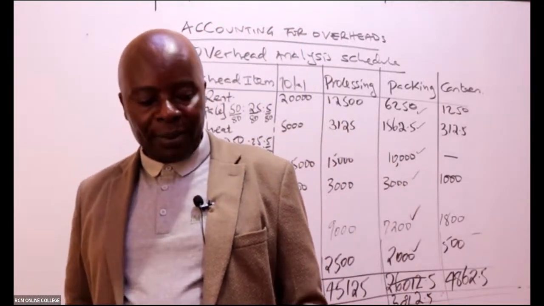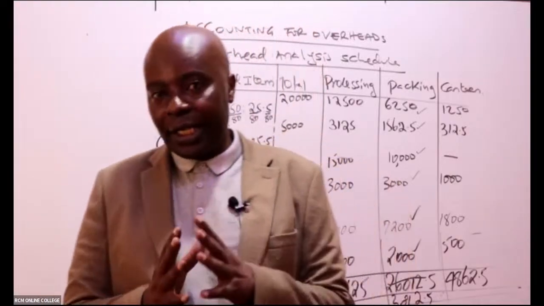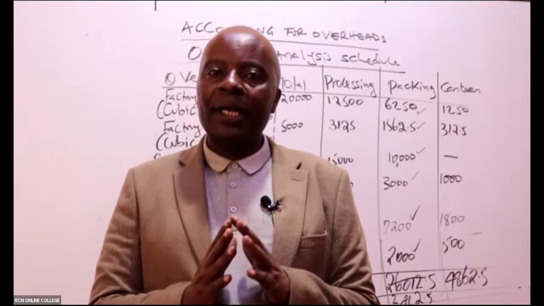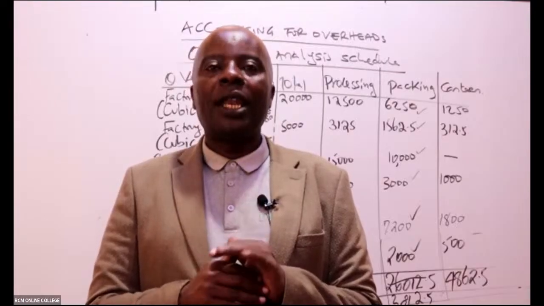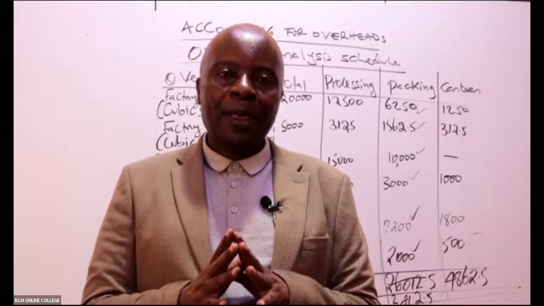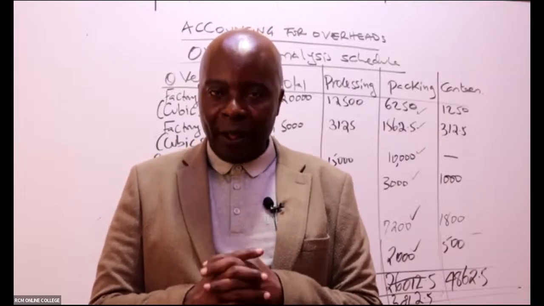Ladies and gentlemen, please remember, what you have done is the primary distribution. Now, after we finish the primary allocations and apportionments, as management accountants we need to get into another sphere of problem solving.